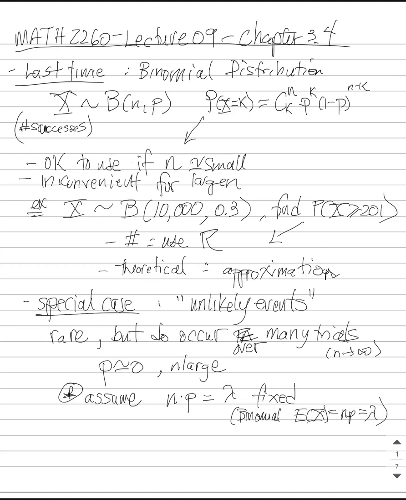So we're assuming the expected value is fixed. We're talking about binomial trials where success is very unlikely, but happens every once in a while. And we're going to try to make an approximation of the mass function, and hopefully it's easier to use.